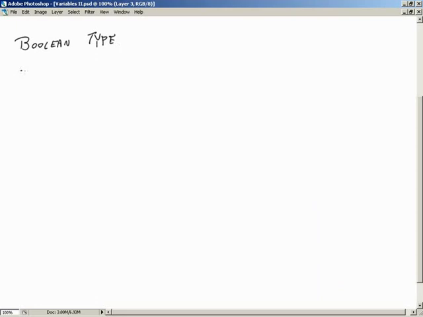Let me go ahead and just fill out an area here for me to write some of these things down. So the Boolean type, let's do this. Name, and we'll say description or value that's in here.